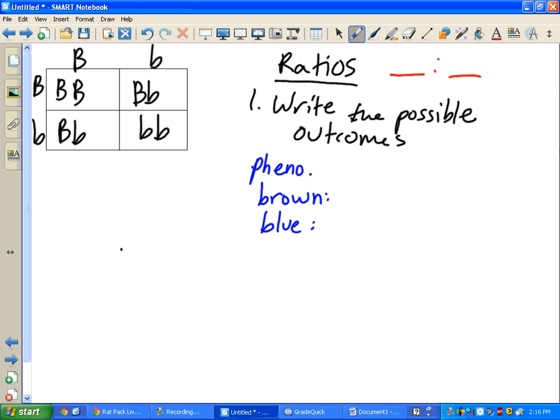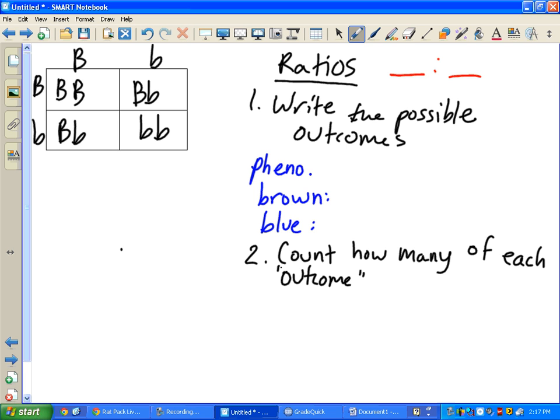So the next step is you count how many of each outcome, using outcome the same way that we did up here. Okay, how many of each outcome are in the Punnett square?